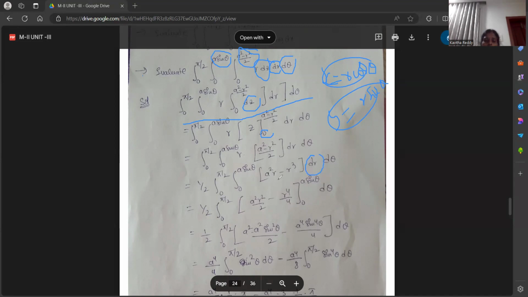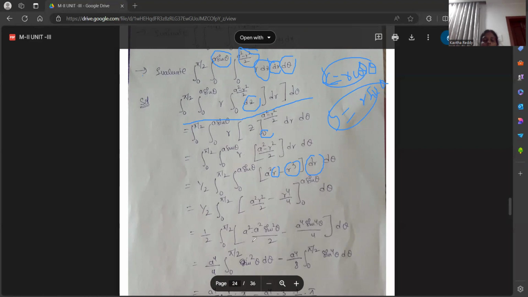Then you'll get a square, integration of r is r square by 2, integration of r cube is r to the power of 4 by 4, integral of 0 to a sine theta. Apply the limits: integral of a square into a square sine square theta by 2 minus a power 4 sine power 4 theta by 4 d theta.